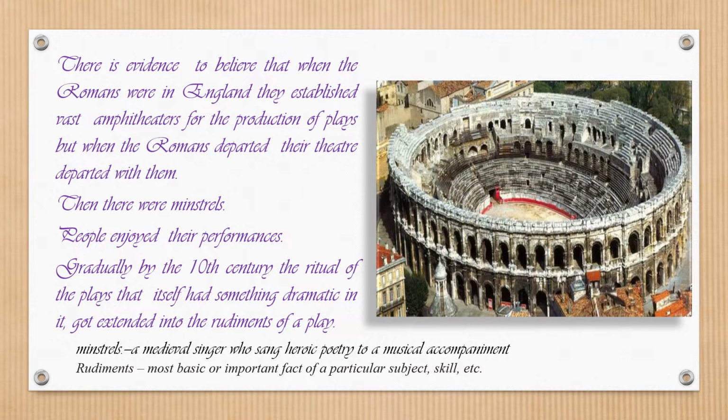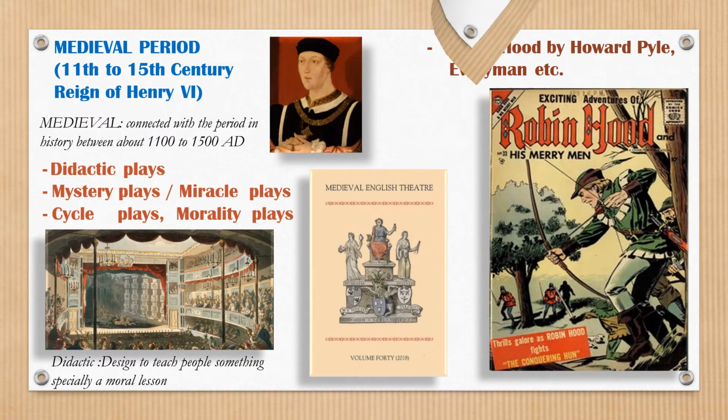People used to enjoy their performances. Gradually, by the 10th century, the ritual of the plays had started, and some dramatic effect was given along with the rudiments, that is, the basic subject, with which the plays were performed.